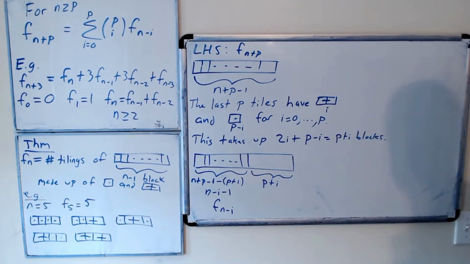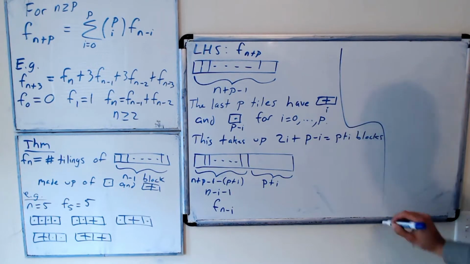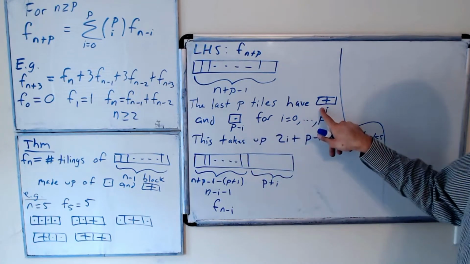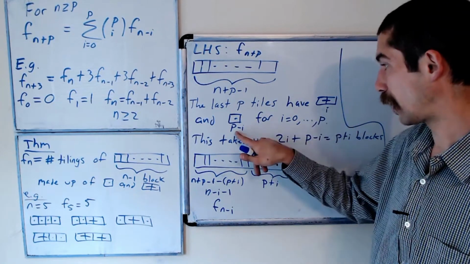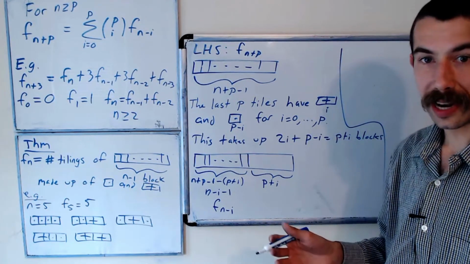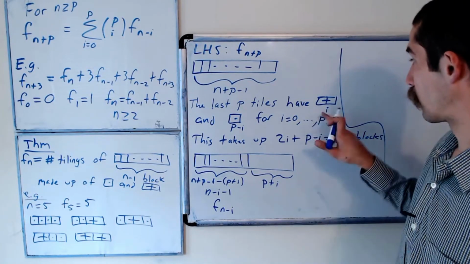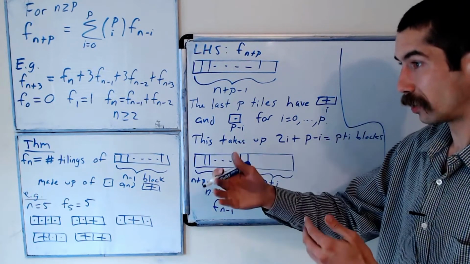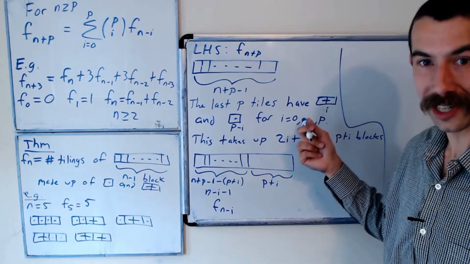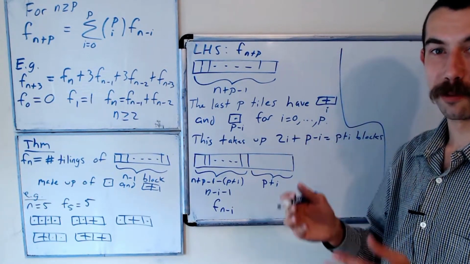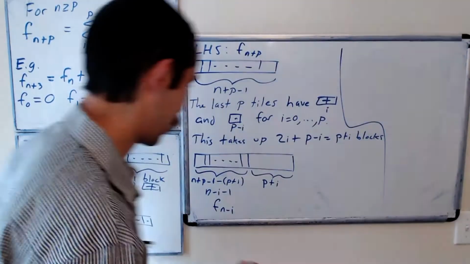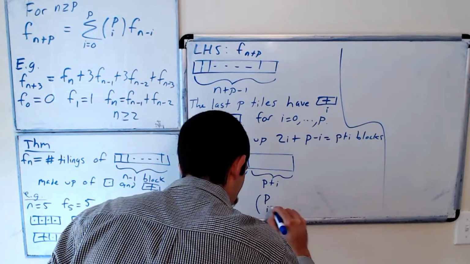These remaining blocks are made up of i dominoes and p minus i monominos, and they could be in any order. So there's a total of p tiles, and we have to choose what locations the dominoes go in. There's p choose i ways to do this.